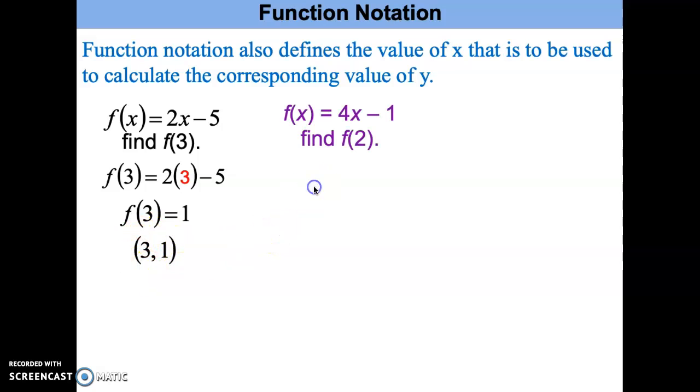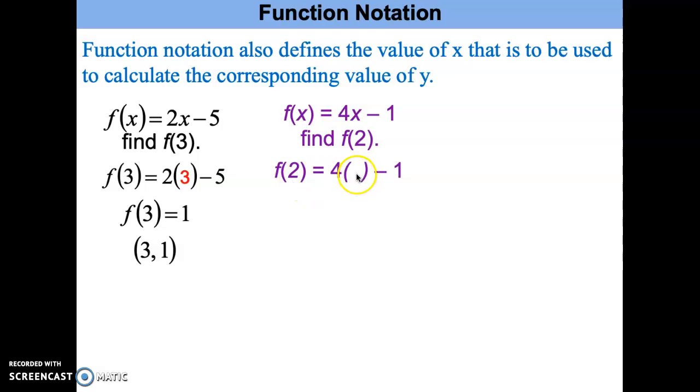Okay, let's look at another one. Right here we have the function f of x equals 4x minus 1. Find f of 2. Again, we're going to rewrite our function here, but instead of our x, we're going to have parentheses. So instead of 4x, we have 4 parentheses, and then minus 1, and down here again, minus 1. And instead of our x, we input a 2, to find out what f of 2 equals.